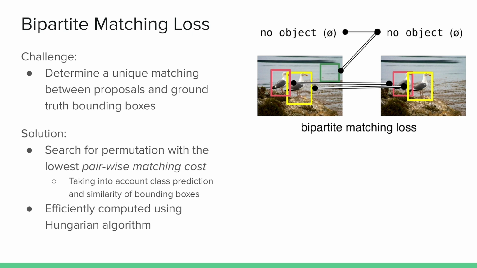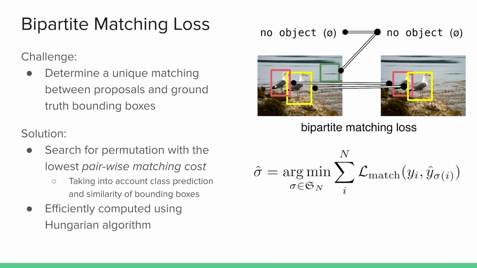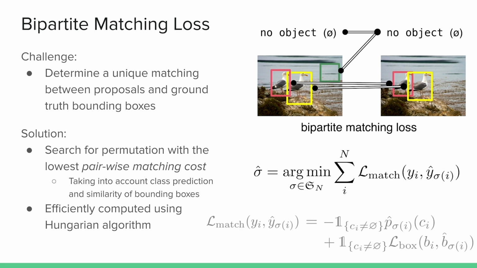And they can actually compute this efficiently by using the Hungarian algorithm, which is a combinatorial optimization algorithm that solves the assignment problem in polynomial time. This is an assignment problem where we want to assign one element of one set to elements of the other set. How do they do this exactly? They try to minimize this matching loss.